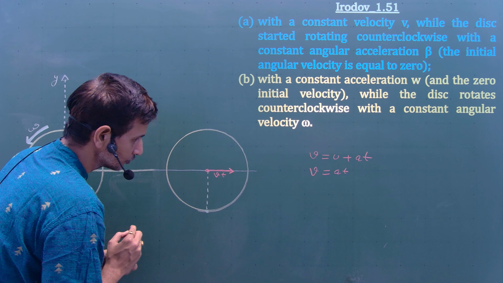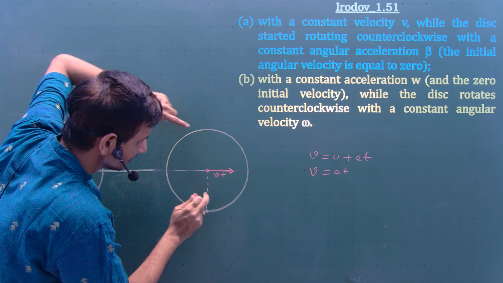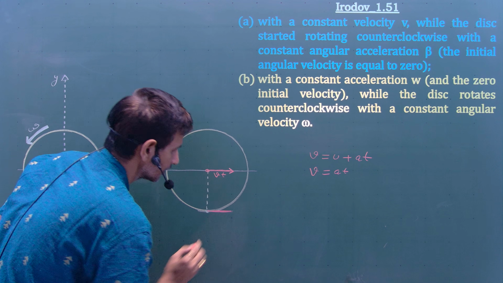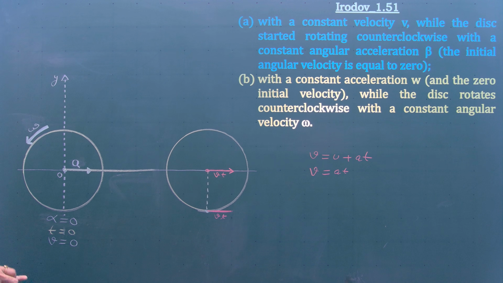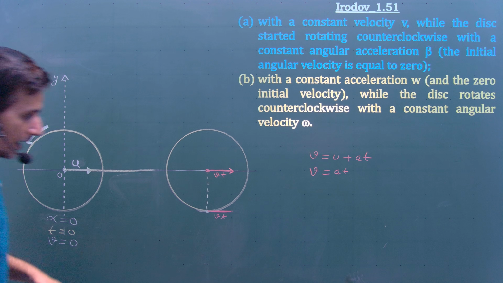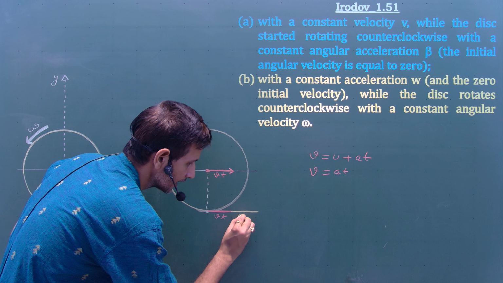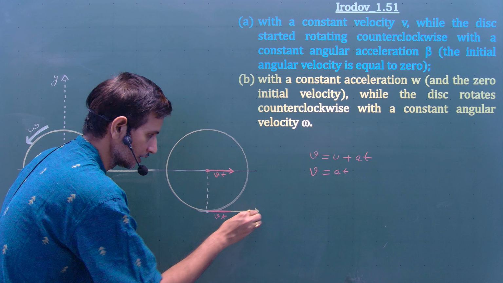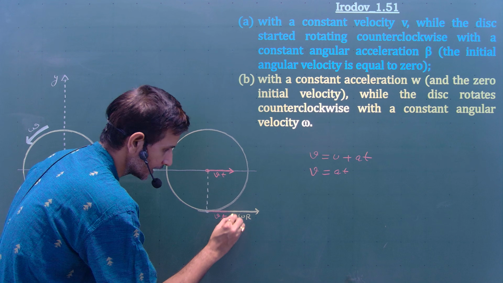The disk is translating with velocity at this moment, so due to translation the velocity is at, and due to rotation, with constant angular velocity omega, the velocity at this point is omega into r. So the total velocity of this point is at plus omega r.